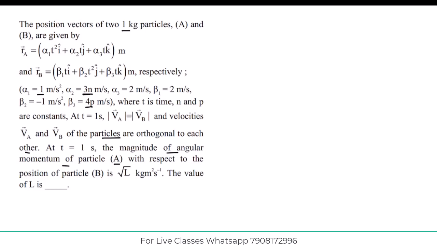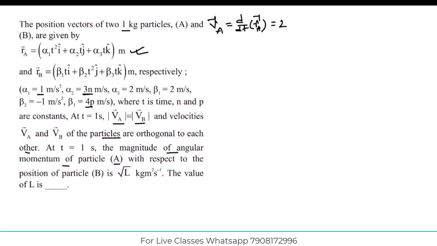So n and p we have to calculate from the given equation, that is at 1 second VA equal to VB. So first calculate VA. So we know that V is d/dt of RA, the first derivative of the position vector. Now RA is alpha 1 t square, the derivative of t square is 2t.